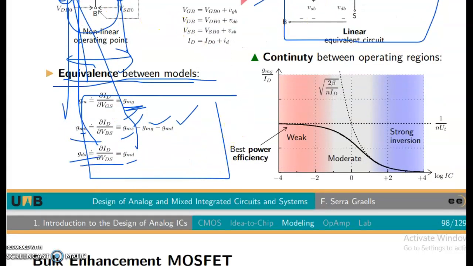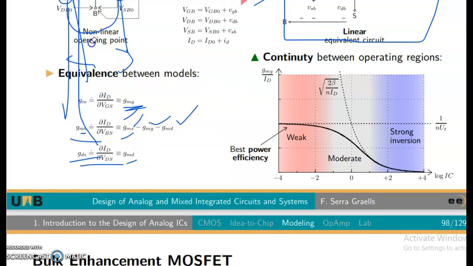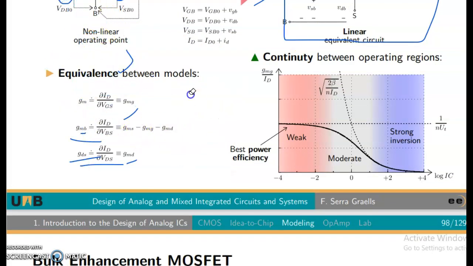Then continuity between operating regions.